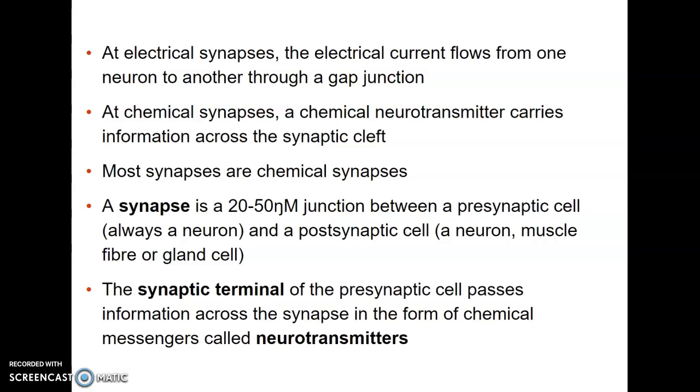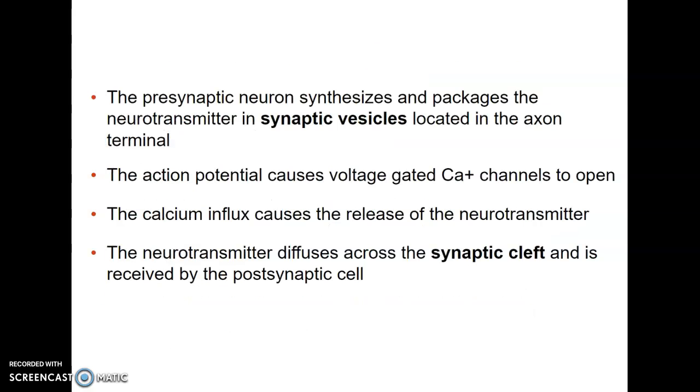In this way, neuronal communication is very much like an endocrine signal, but not endocrine like where the chemical goes through the bloodstream, but instead is localized to the immediate area, just right across the synapse.